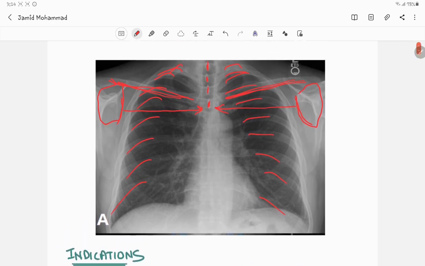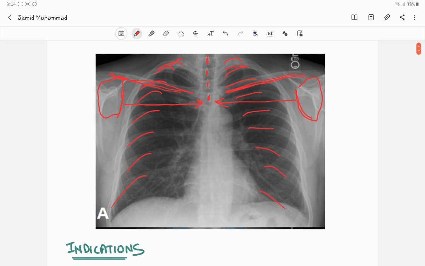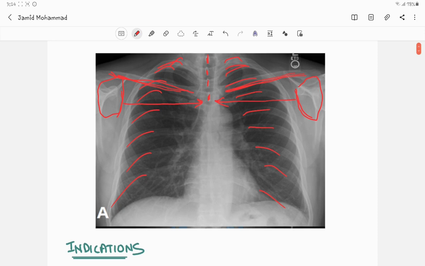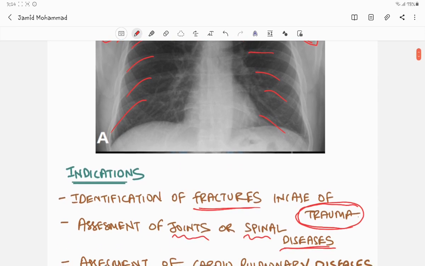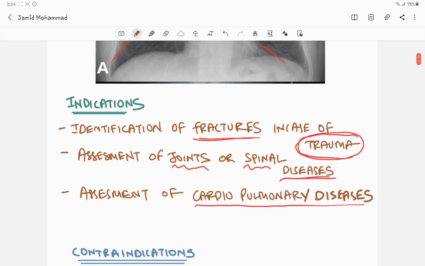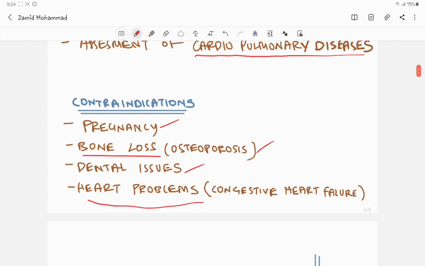So if there are less than 5 ribs that we are able to identify in the x-ray, then we can say that the patient's breathing is not proper, or at the time of performing the x-ray, the patient has not undergone the actual required amount of inspiration, and so that image cannot be used for further purposes.